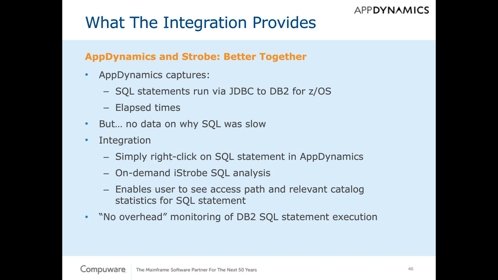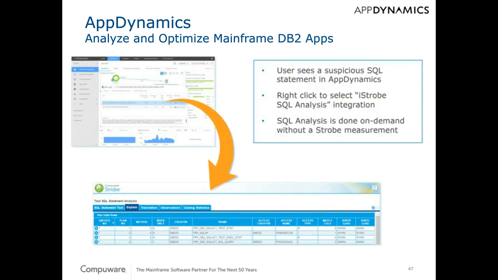It can get the access path that DB2 chose, and it can get information about the DB2 catalog. So you have all the things you need to do performance and tuning on that SQL statement. And it's just right-clicking on the SQL, and then you can bring up the request SQL analysis feature on demand.